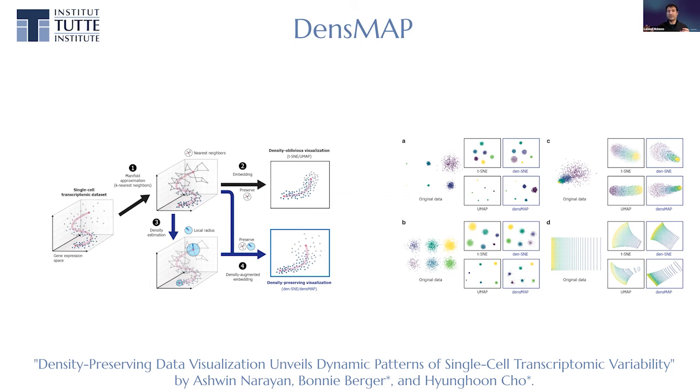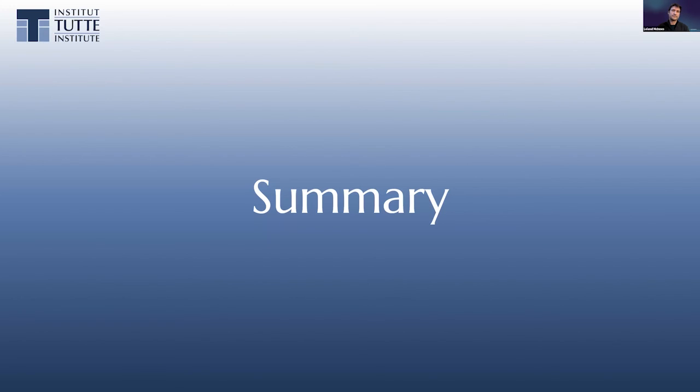UMAP tends to collapse those away, as you might imagine, when you're just looking at that sort of varying size of the balls in the cover, but you can force the low-dimensional embedding to learn some of that information about the local density and capture it in the embedding as well.